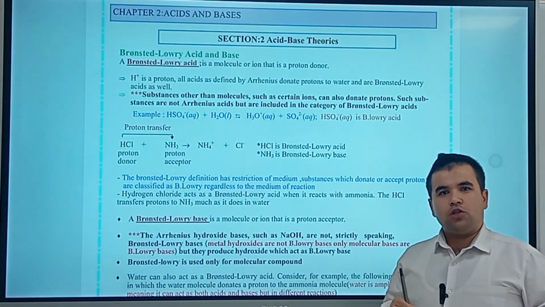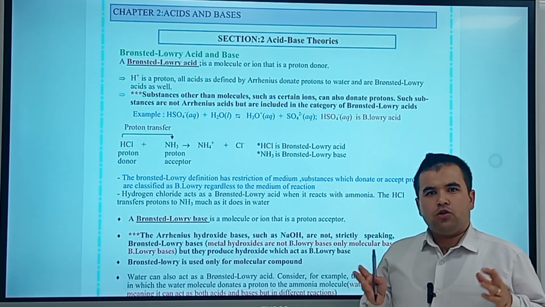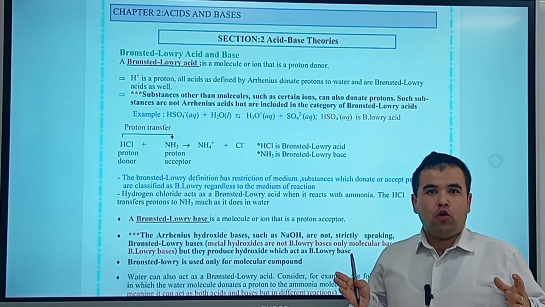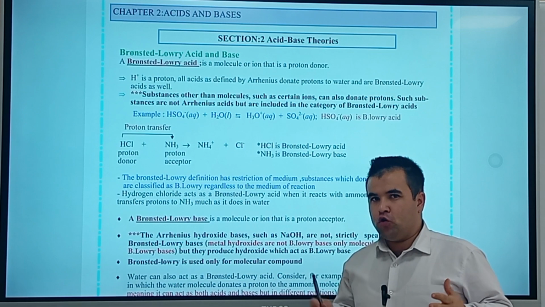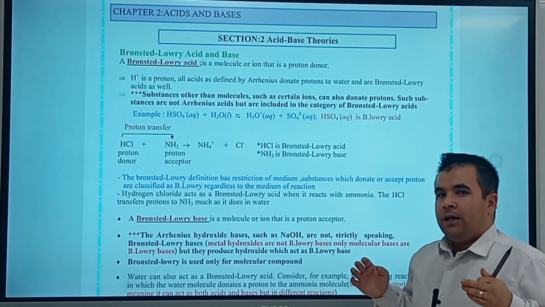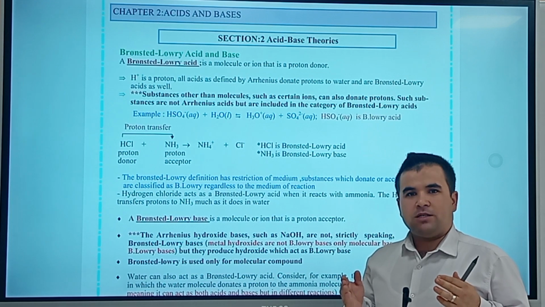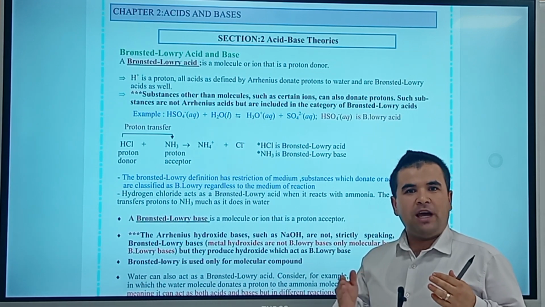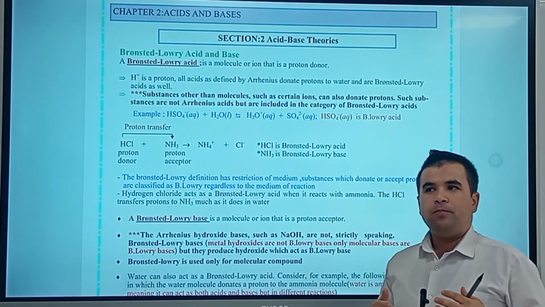Guys, the second definition of acids and bases in our curriculum is all about the Bronsted-Lowry. Let us talk about the Bronsted-Lowry acid, and then we'll be talking about the Bronsted-Lowry base as well. Refer back to the Arrhenius definition. The Arrhenius was about the increase in hydronium and hydroxide concentration for the acids and bases in their aqueous solution.